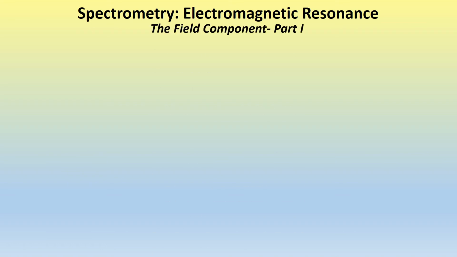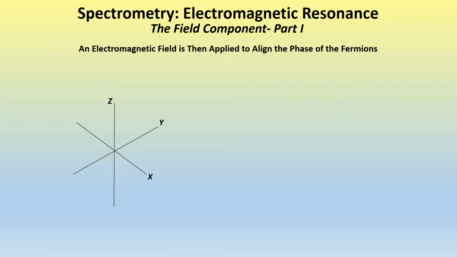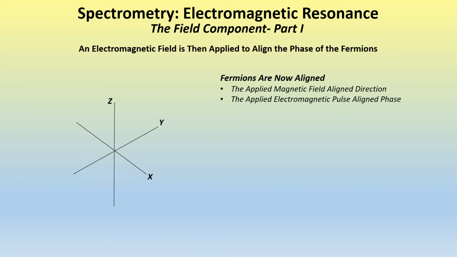An electromagnetic field is then applied to the fermions. The electromagnetic field now aligns the precessions so that all of the fermions are now spinning in phase and aligned in direction by the external magnetic field.